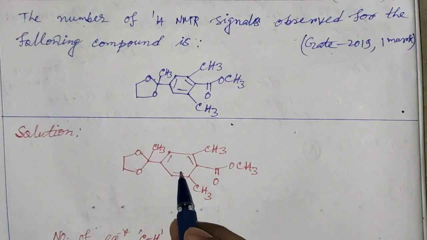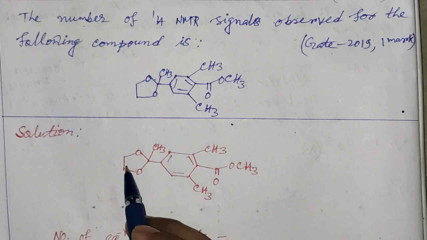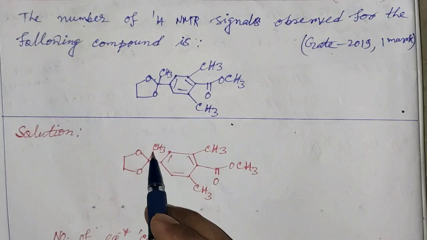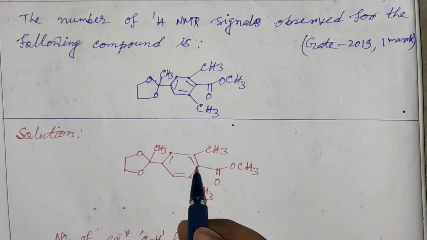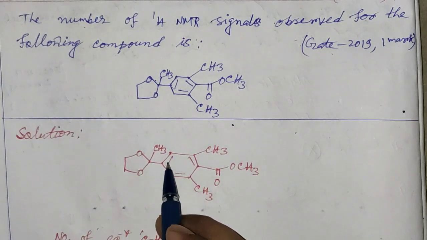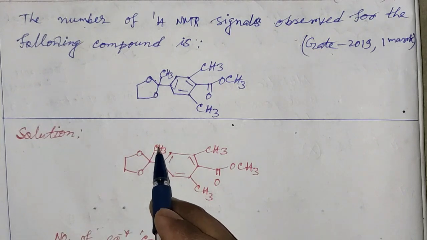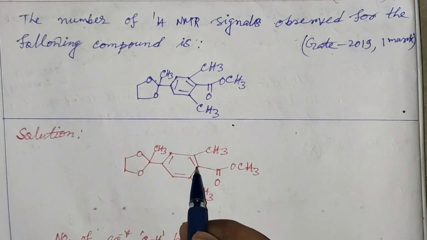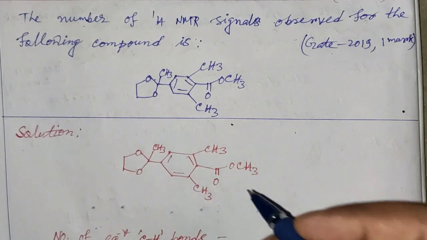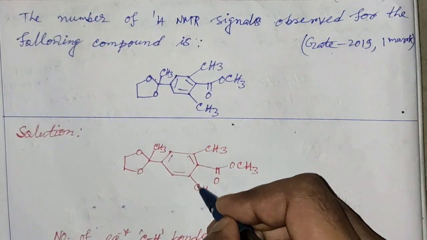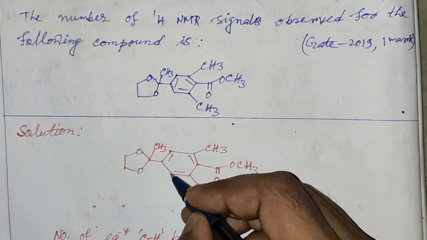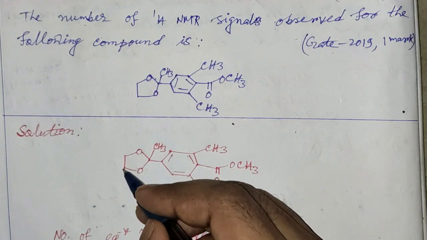From the structure we can see that there is a sigma plane passing through the middle of this CH2 bond along this carbon, and the plane also contains this methyl group, and it will bisect the molecule into 2 halves.